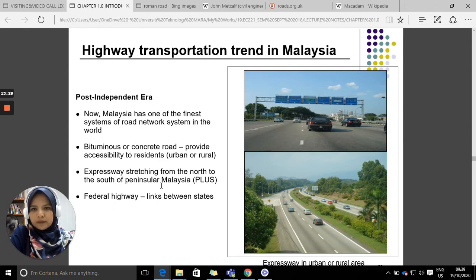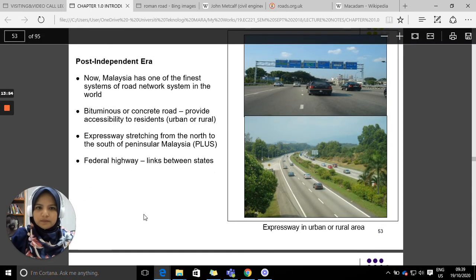The expressway stretches from the north, which is at Bukit Kayu Hitam, to the south in Johor. Okay, and we also have those federal highways, the intercity links between the states as well. Right.